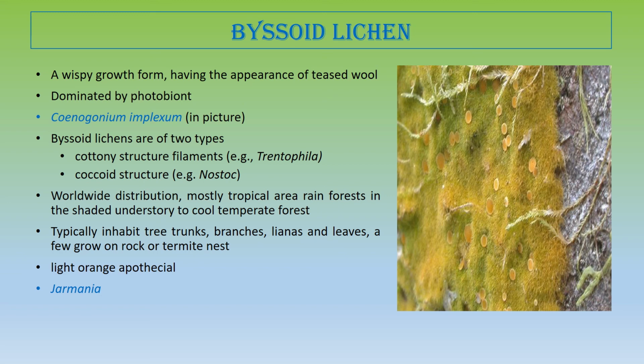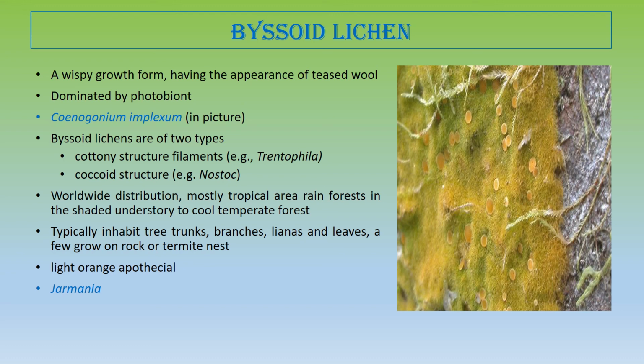Byssoid lichen is of two types based on the lichen structure. One looks very cottony, another is a coccoid structure.